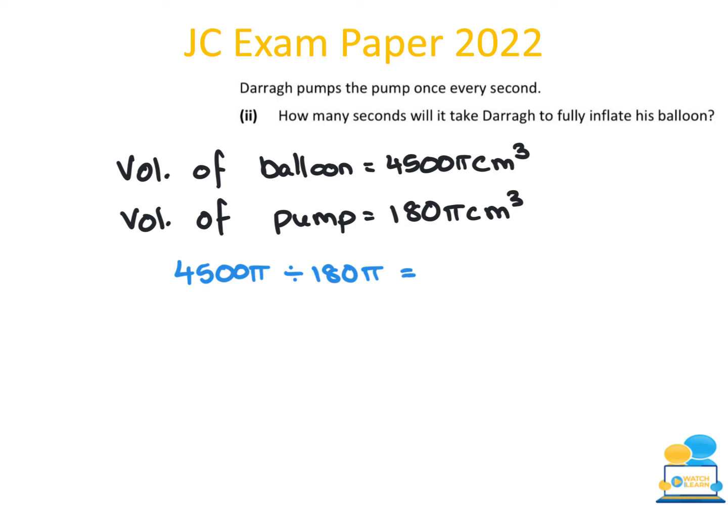And again, you can simply just use your calculator to do this. So inputting 4,500 pi divided by 180 pi, we get 25. So he needs to pump that cylindrical pump 25 times to reach the volume of the balloon, and that means that if he does one pump every second, it will take him 25 seconds to inflate the balloon.